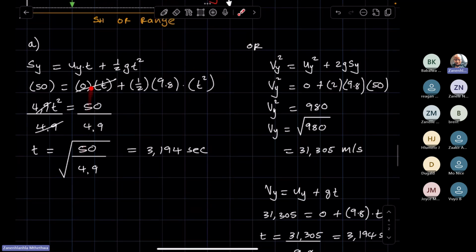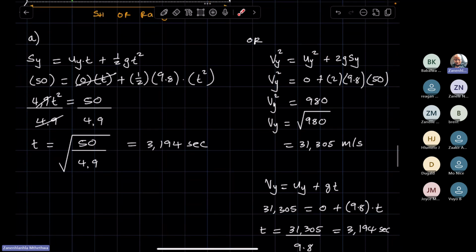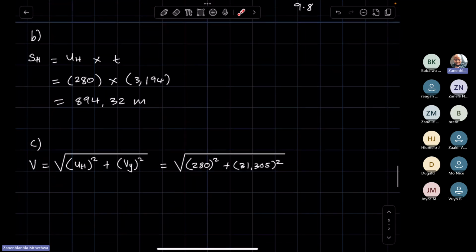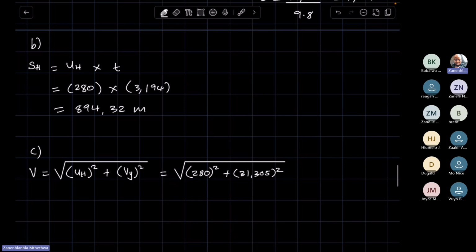Now, obviously, if here you took this approach, then you'd have to first calculate the final velocity along the vertical plane, and then calculate the actual final velocity just before the shell hits the ground.